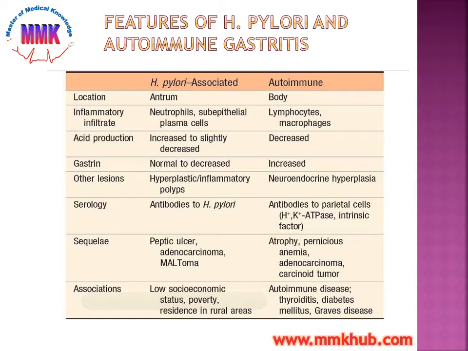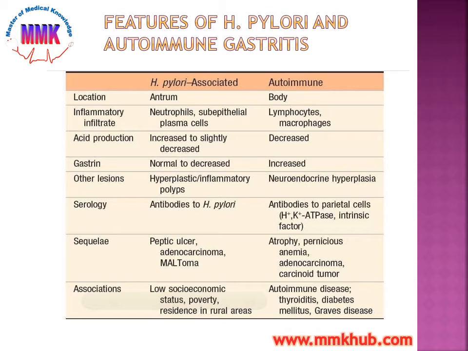Inflammatory infiltrate includes neutrophils and subepithelial plasma cells in H. pylori associated gastritis, while in autoimmune gastritis these are lymphocytes and macrophages. Acid production is increased to slightly decreased in H. pylori associated gastritis, while it is decreased in autoimmune gastritis. Gastrin secretion is increased in autoimmune gastritis, or normal to decreased in H. pylori associated gastritis.